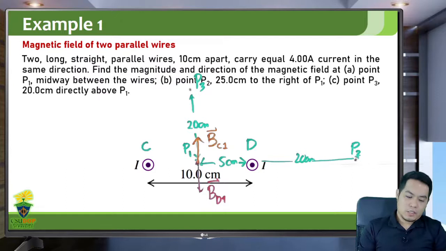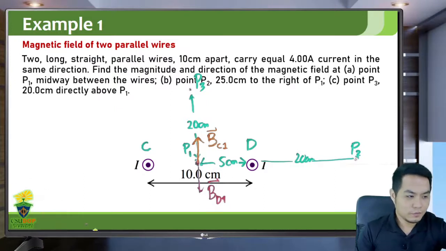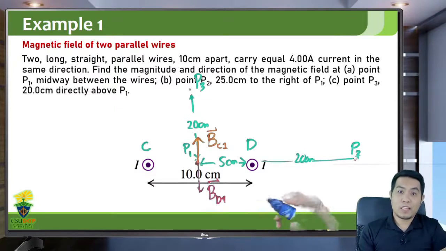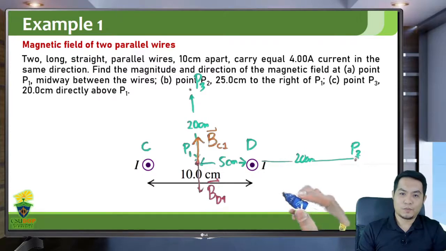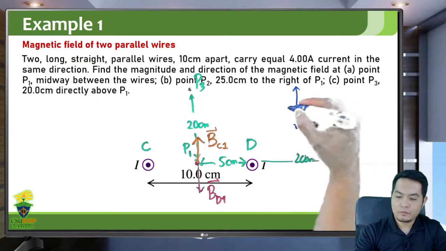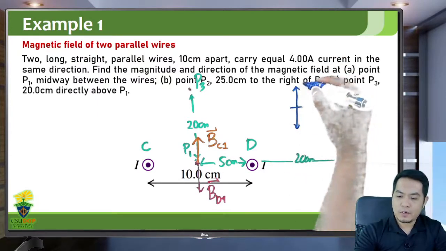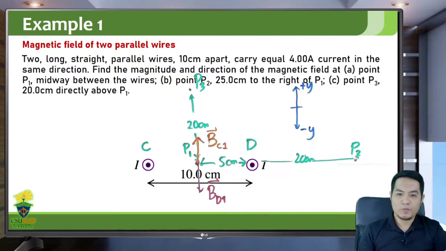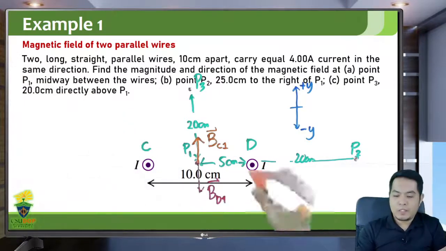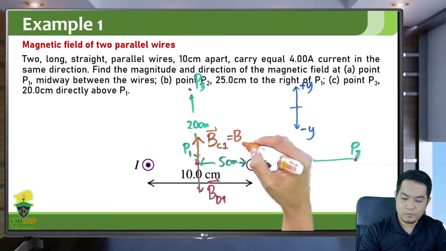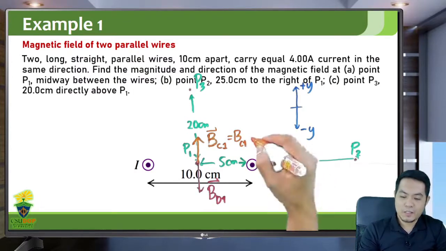We know now the directions. We now try to solve the magnitudes. So, if we define the upper direction as our positive y-axis and the lower direction as our negative y-axis, then BC1 is just its magnitude, BC1, and its direction is positive j hat.